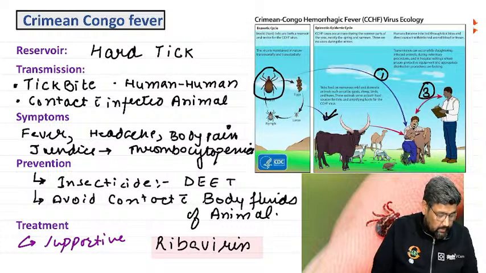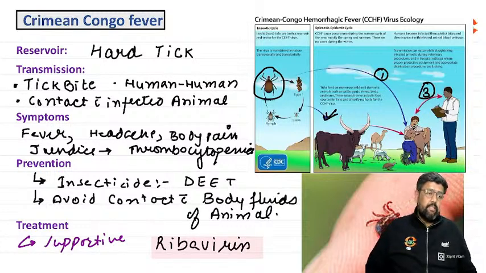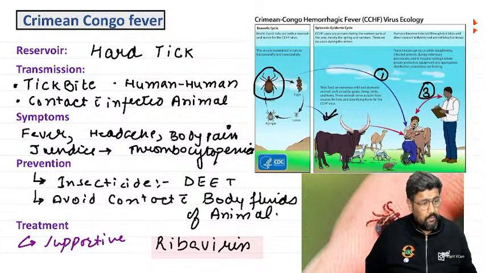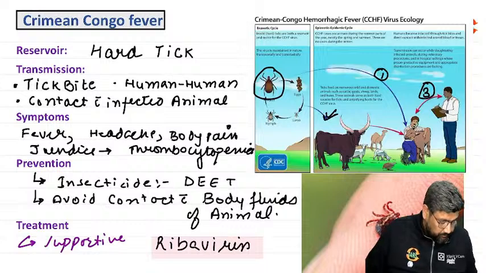However, jaundice is not seen very frequently in dengue, right? This is the one point where you can differentiate CCHF from dengue. Yes, most of these diseases have similar presentation, and ELISA can be done to differentiate CCHF and dengue.